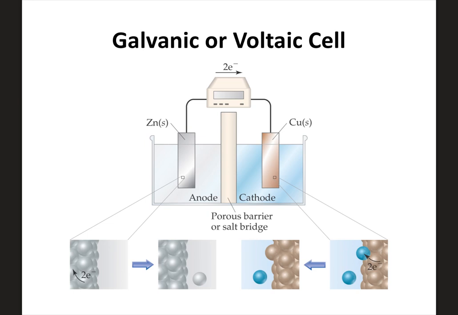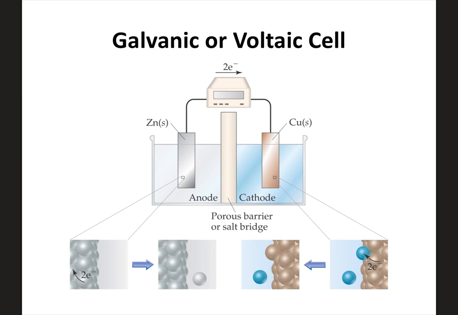And then when that happens, it's entering the solution as Zn2+ ions. But then on the cathode side here, on the copper side, that's where reduction is taking place, or the gaining of electrons. So as the electrons come through the wire, the electrons are going to be gained by the Cu2+ ions that are already in the solution, and it's going to form Cu solid here.